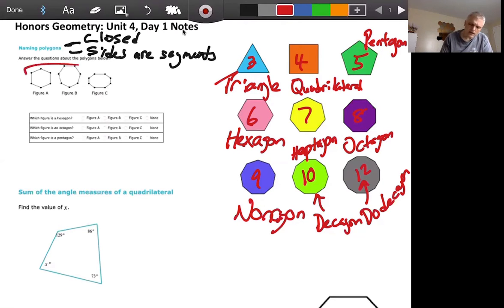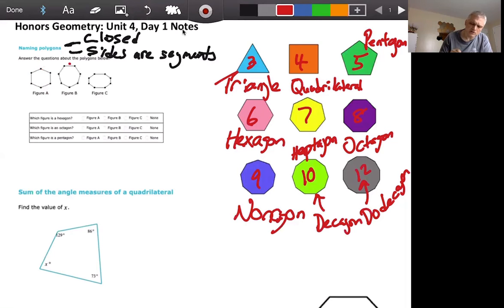All right, out of these figures, which figure is a hexagon? Well, which one has 6 sides? Let's see. How about figure A? How many sides does this guy got? 1, 2, 3, 4, 5, 6. We got a 6-sider right there.